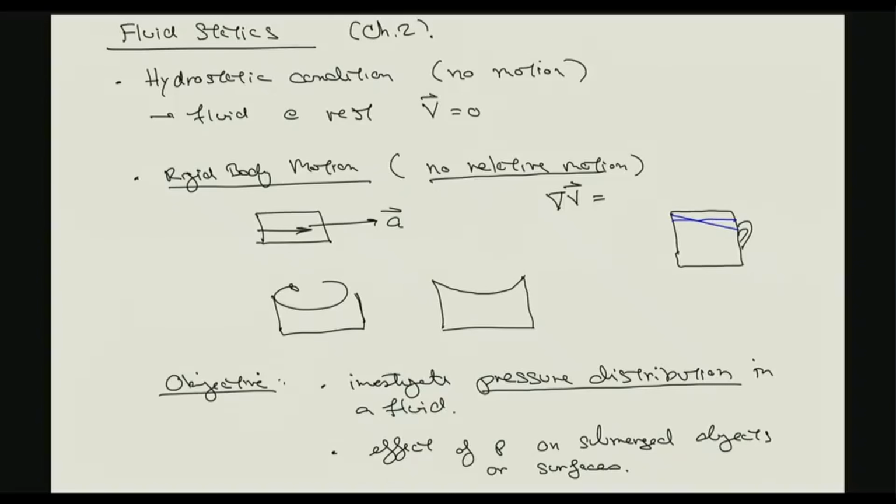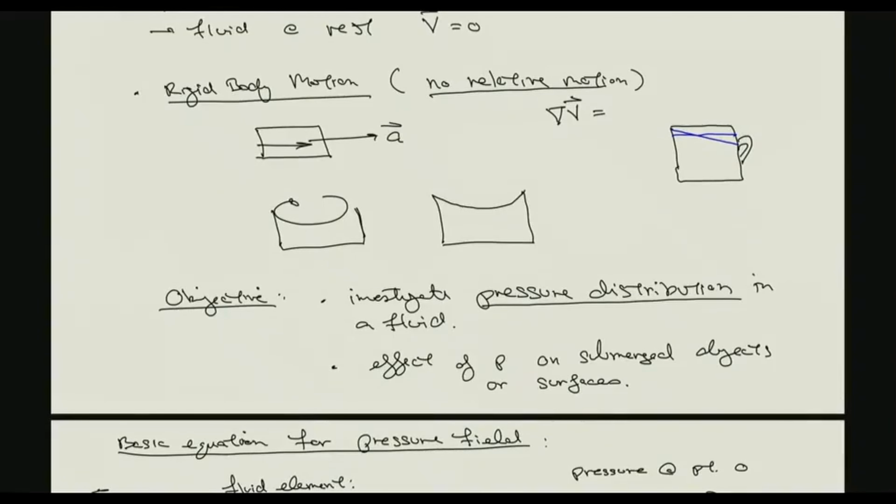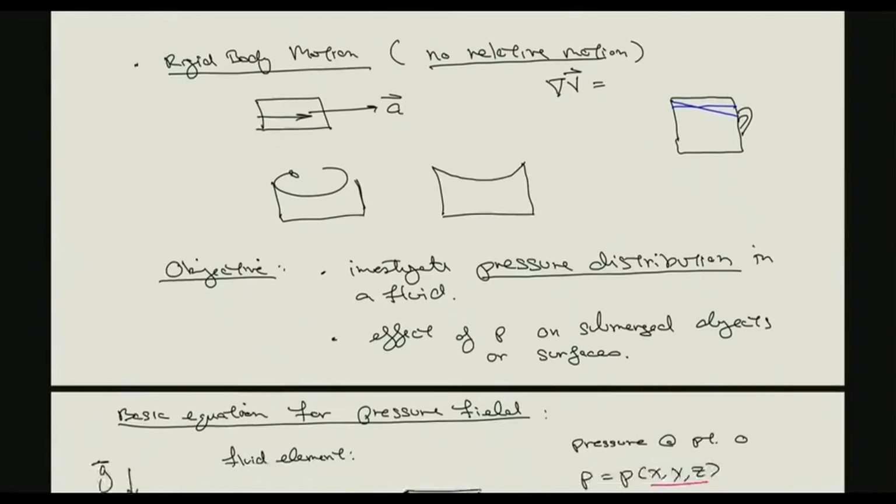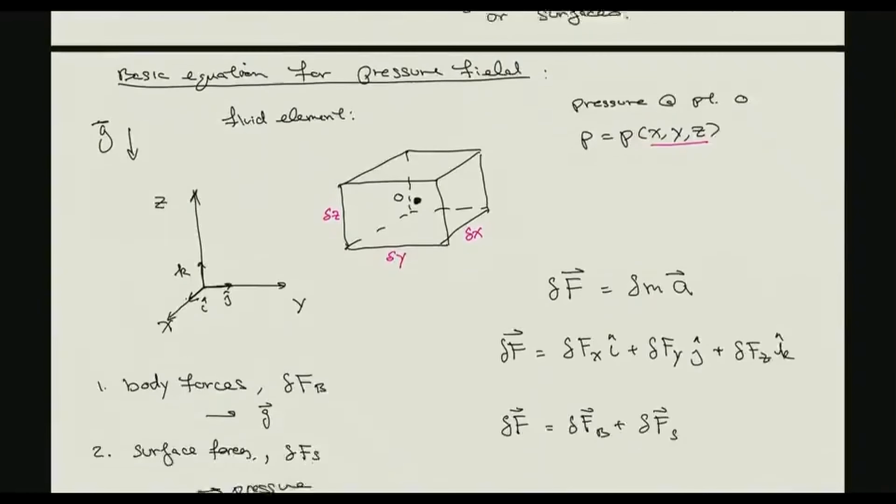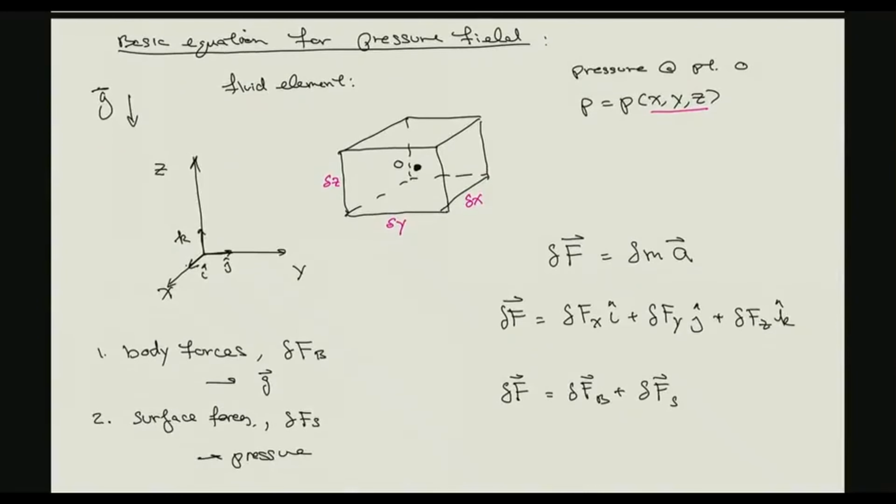And then three important applications, as I mentioned: pressure distribution in the atmosphere or in a fluid, and that leads to pressure measurement, for example, manometers, and then the evaluation of forces on submerged objects or surfaces. So those 3 are the main subjects. There's a couple other ones that we'll discuss as well, but those are the 3 objectives of this chapter.